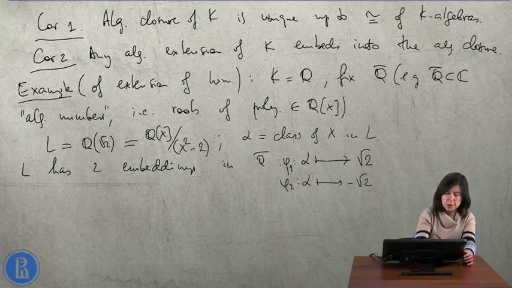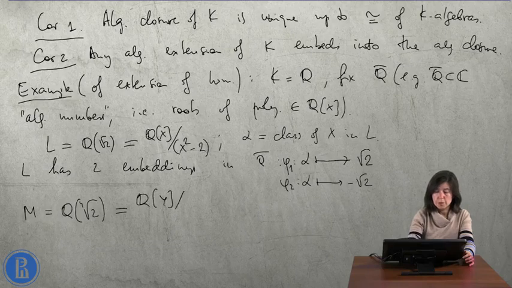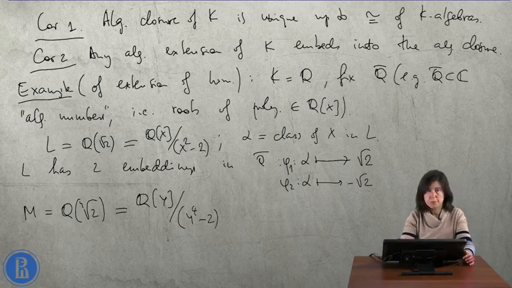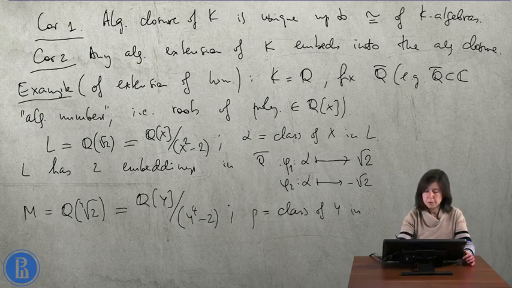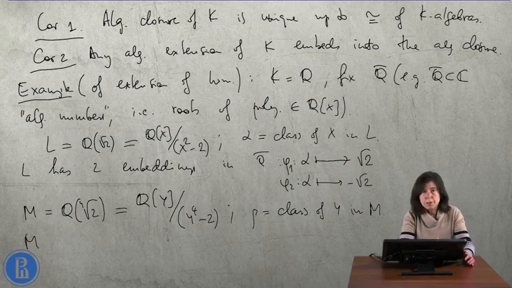Now consider M, which is Q of the fourth root of 2, or better, Q of y over y to the power 4 minus 2, and call beta the class of y in M. Then this beta can go to any other root of the polynomial y to the power 4 minus 2.